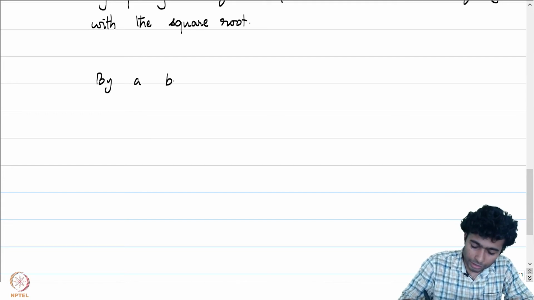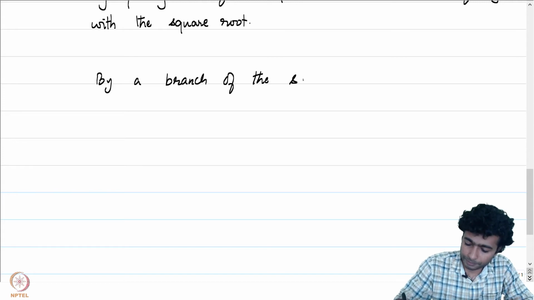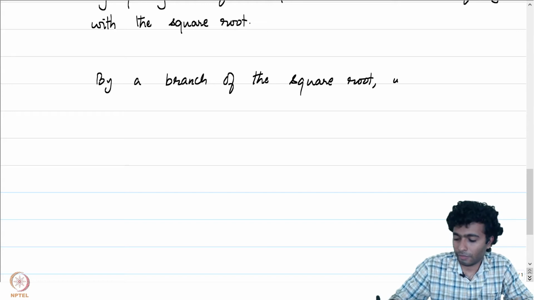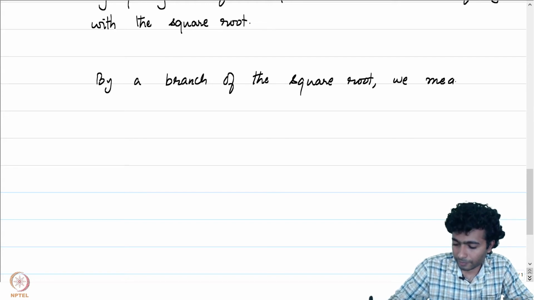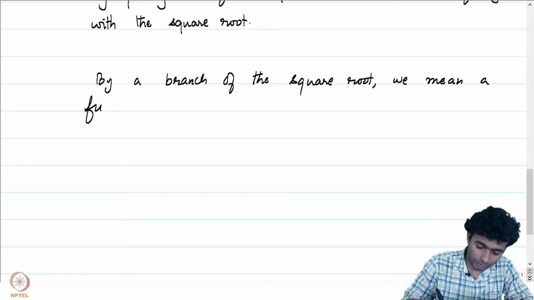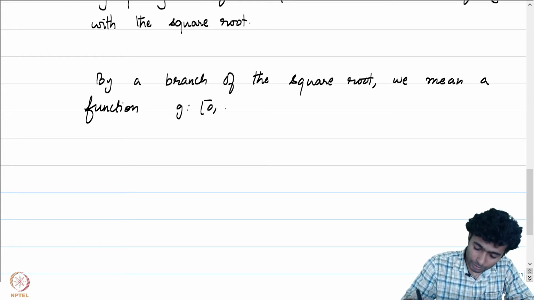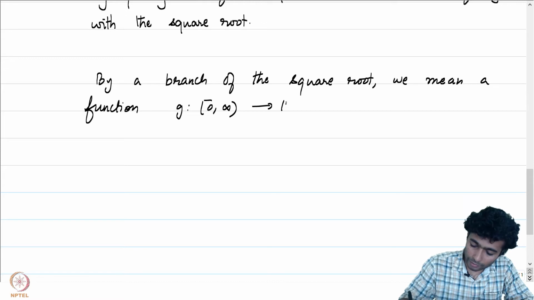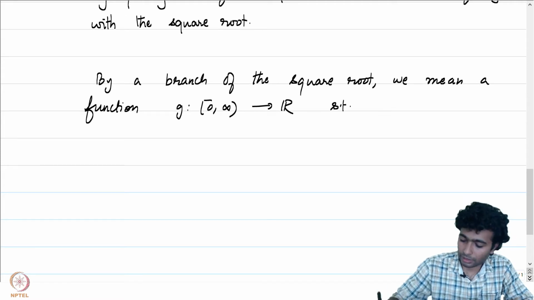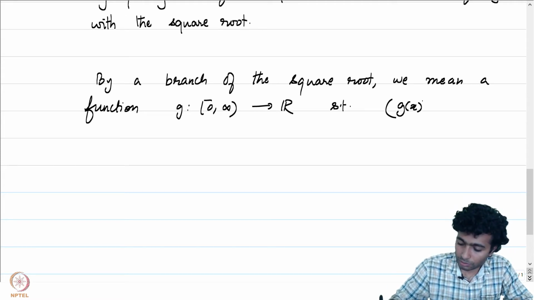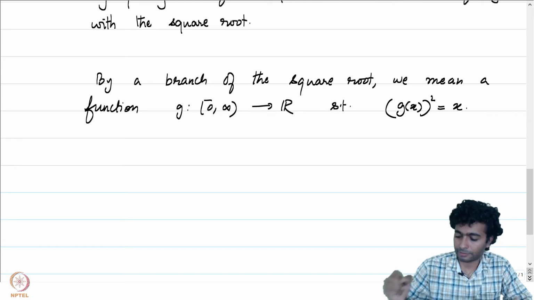By a branch of the square root, we mean a function g from 0 to infinity to R, such that g of x the whole squared is equal to x.